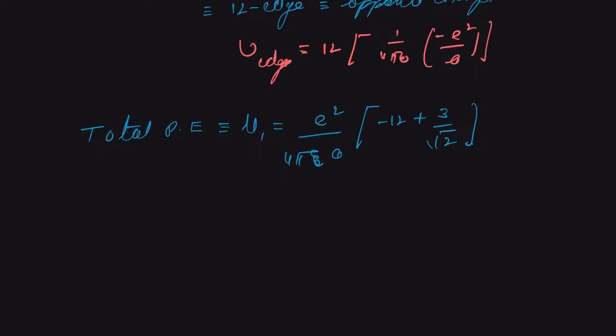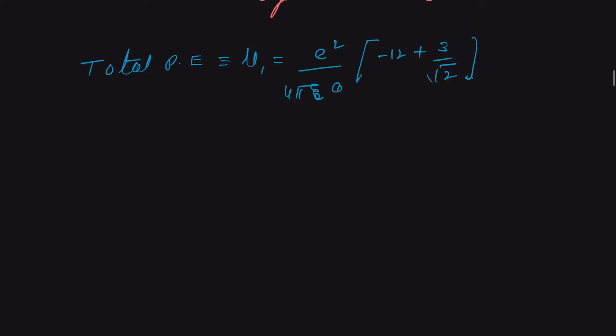Now we come to our arrangement 2. In arrangement 2 we have 12 edges, and of these 12 edges, 6 have like charges and 6 have unlike charges.